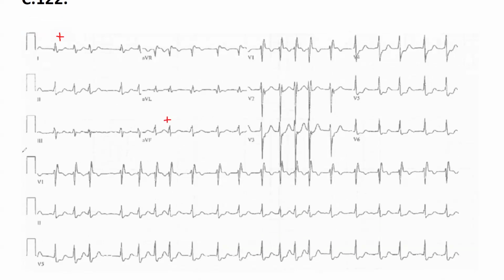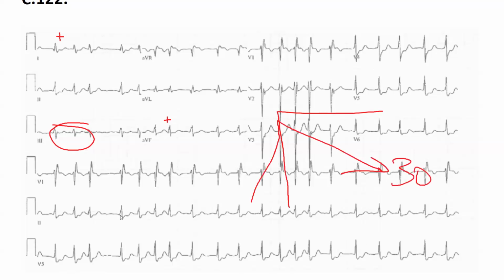So it's normal, and lead number 3 is about equiphasic. What does it mean? That it's at 90. 120 minus 90 means 30.